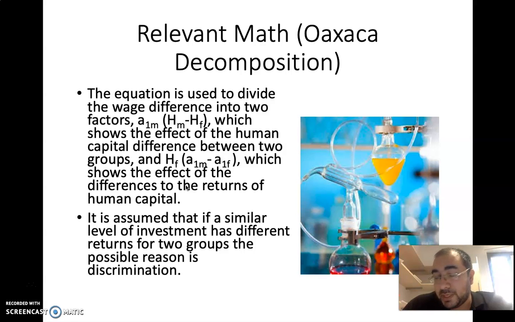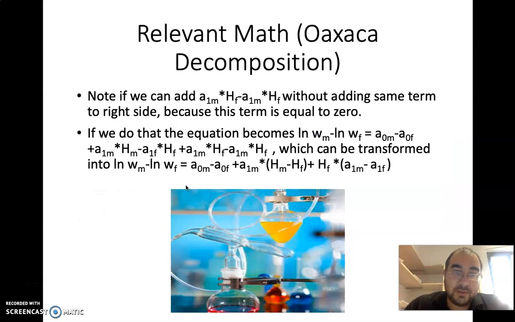Another explanation could be that you can use human capital and see how much the human capital level explains the wage differences. You can just run the regression with the wage difference, and first look at the human capital differences and see how much they are actually explaining the wage differences, and then you will be left with an unexplained term.